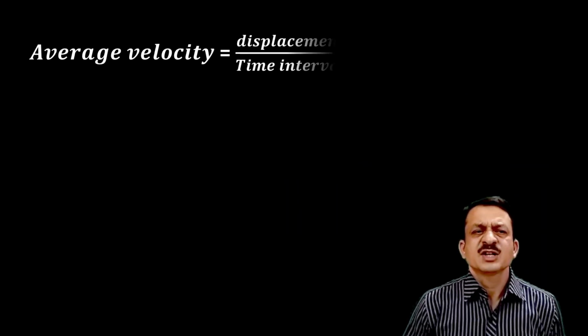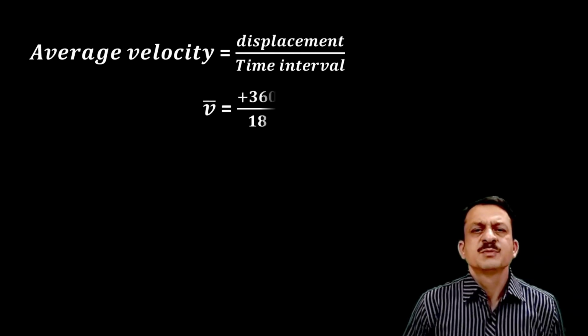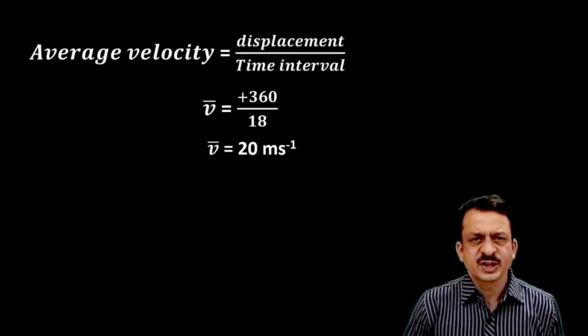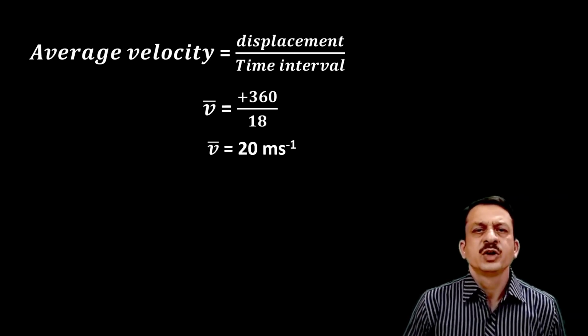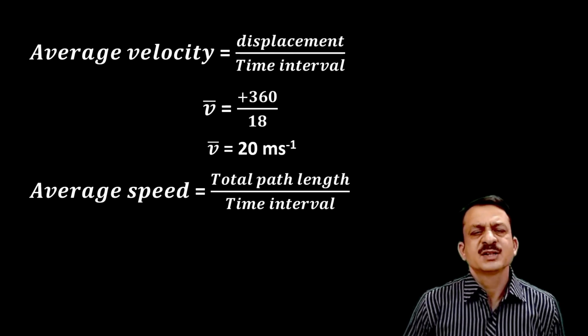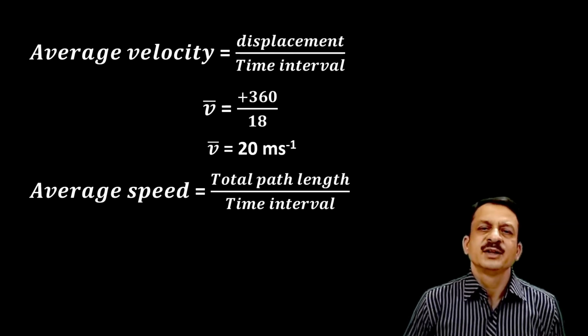Now average velocity is given by displacement divided by the time interval. Displacement is 360 meter, time is 18 seconds. So it is 360 by 18, which is 20 meter per second. The average velocity in moving from O to P is 20 meter per second. Similarly, we will work out average speed. That is given by total path length divided by the time interval.